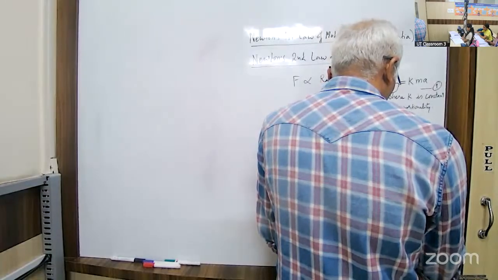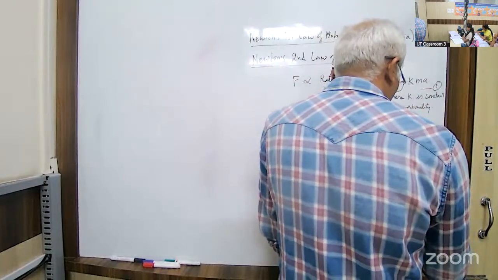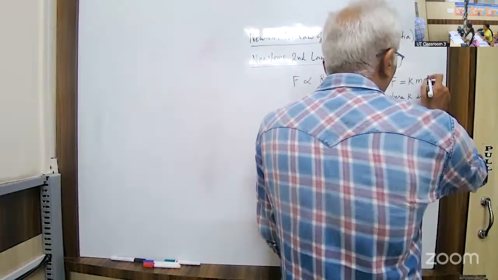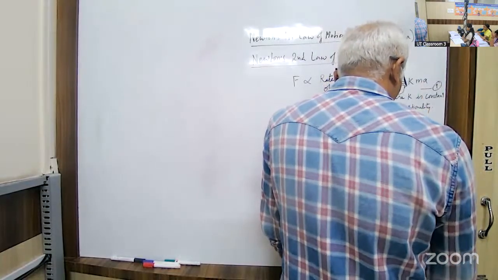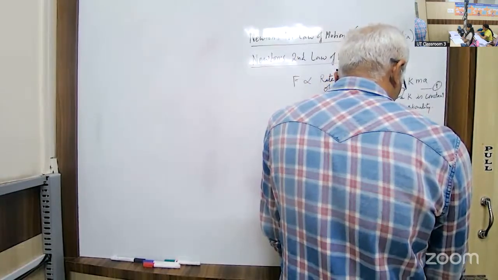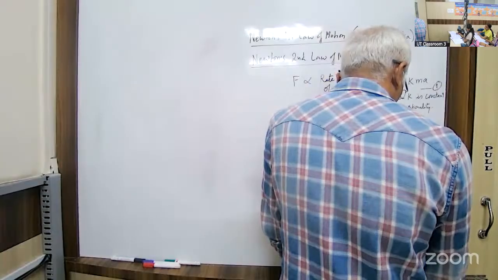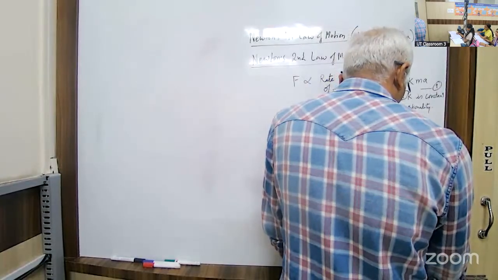So to find k: what is the unit of mass? That is also kg. The unit of acceleration is meter per second square. Therefore, k, what do you get? This one.